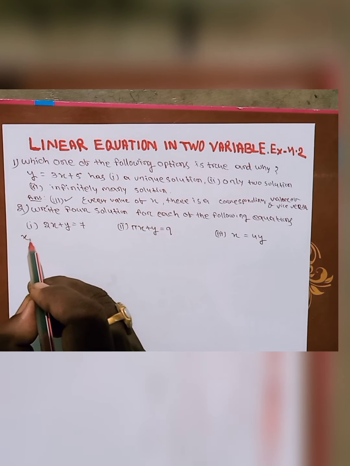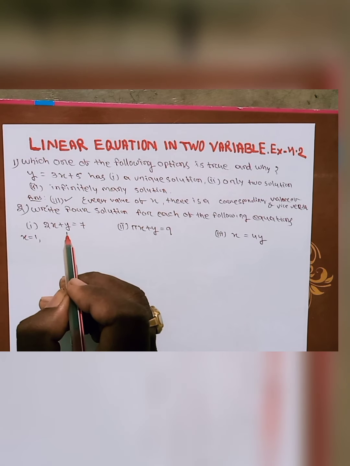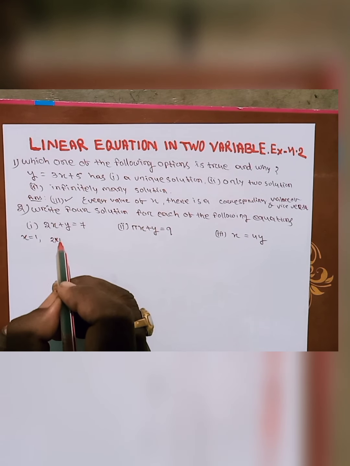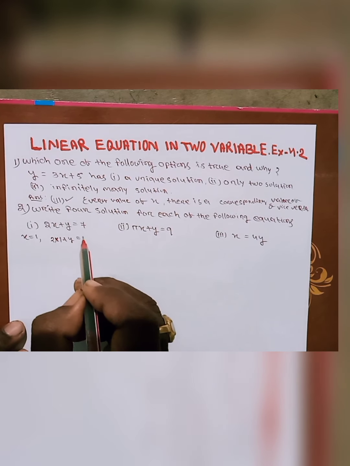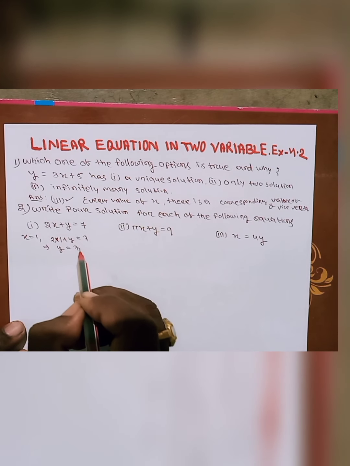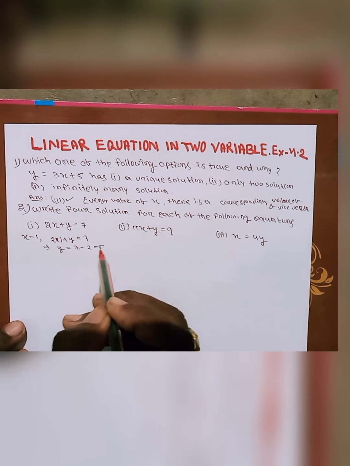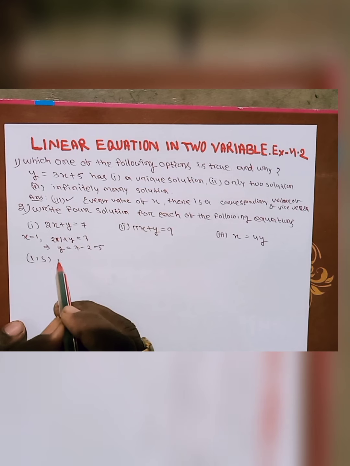Let x is equal to 1. Then put the value in this equation. 2 into 1 plus y equal to 7, implies that y is equal to 7 minus 2 equal to 5. Then the pair of values is 1, 5. This is the first solution.